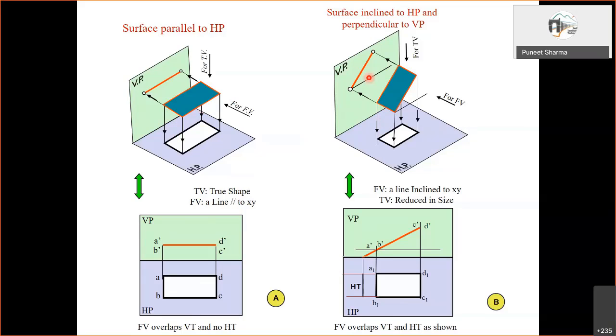When this change occurs by keeping this edge at its position, if its position is not altered, then what will happen? All these corners 1, 2, 3, 4 will maintain the same distance from the vertical plane in this position as well as in this position. The same will be valid here also. So whatever distances these corner points have from the XY line, their distances from the XY line in this also will remain the same.